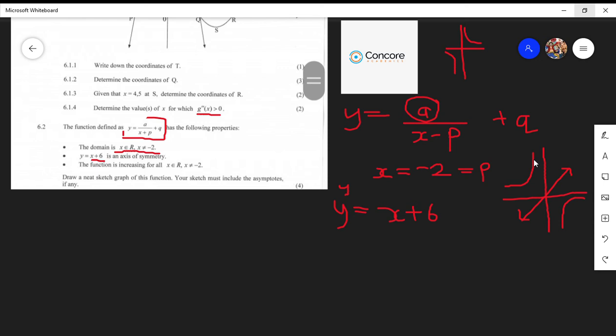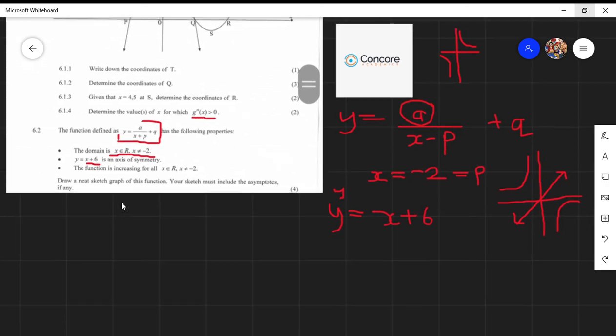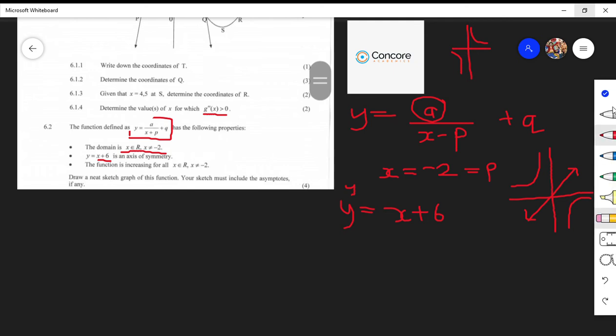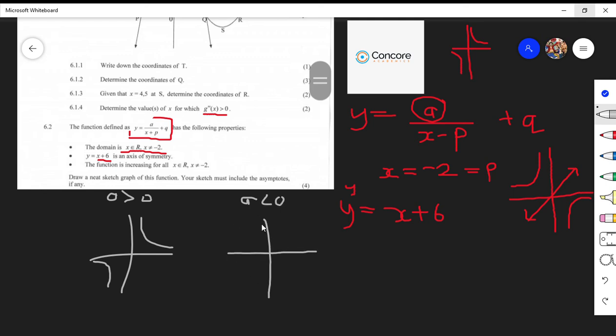Okay, so remember I said the gradient of the axis of symmetry is positive, but the hyperbolic function itself has a negative a value, because remember when a is greater than 0, it's represented in the first and third quadrant, and when a is less than 0, it's represented in the second and the fourth quadrant, like this over here.